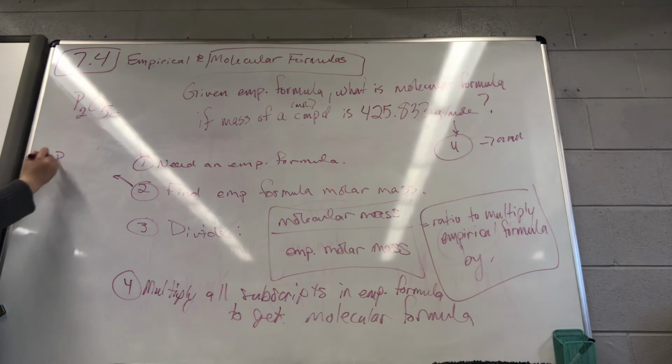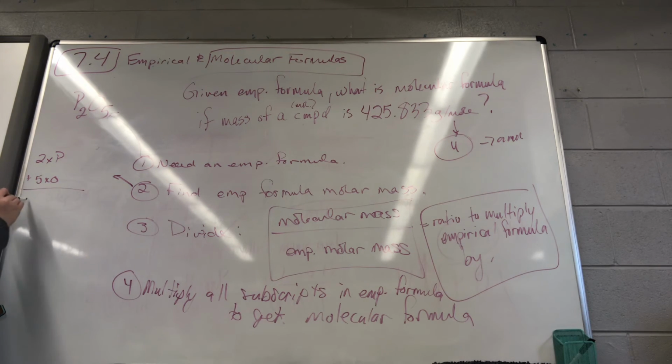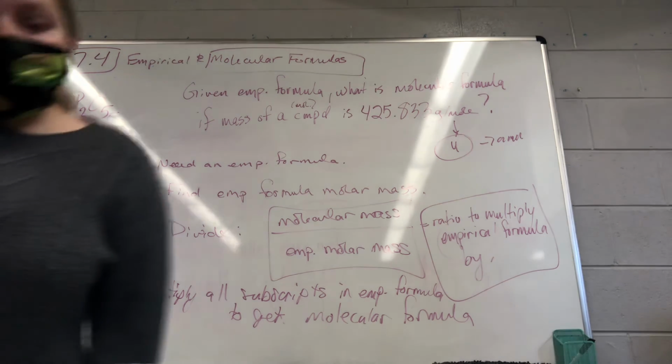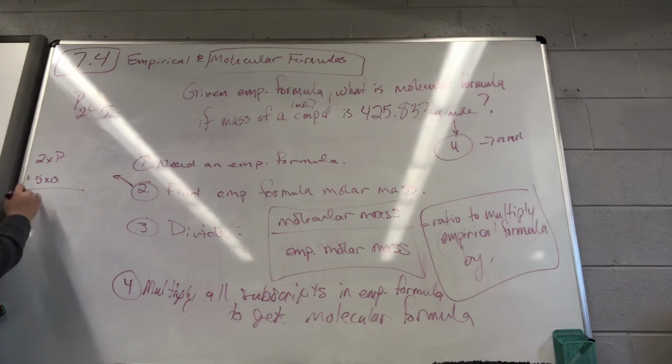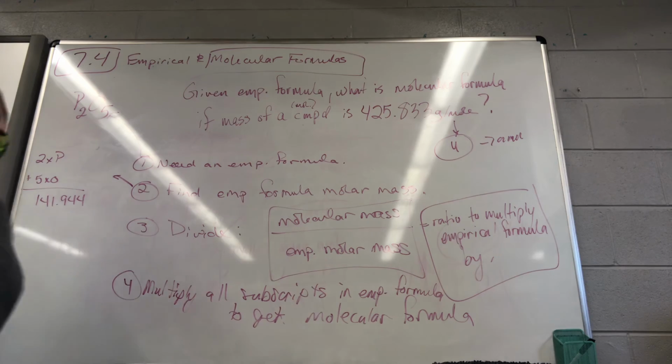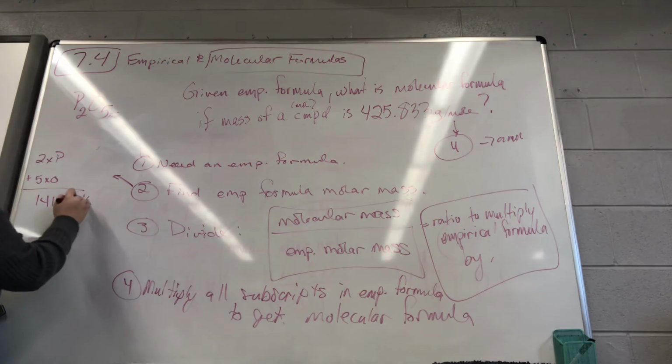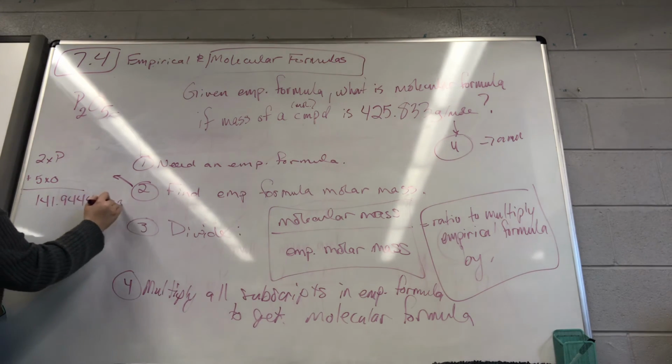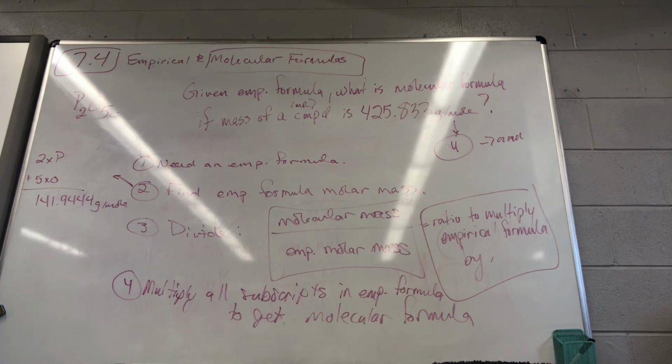Yep, we're going to do 2 times P, 5 times O, add them all together. I got 141.9444, double check it.